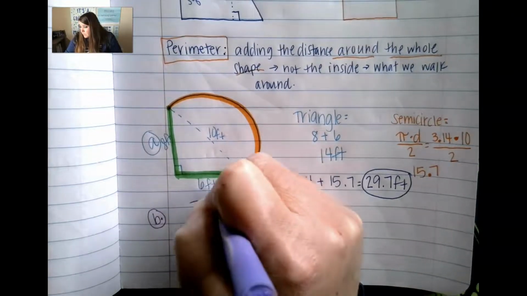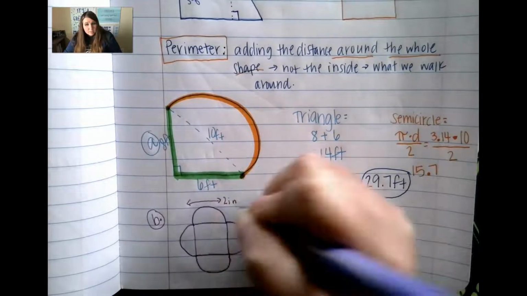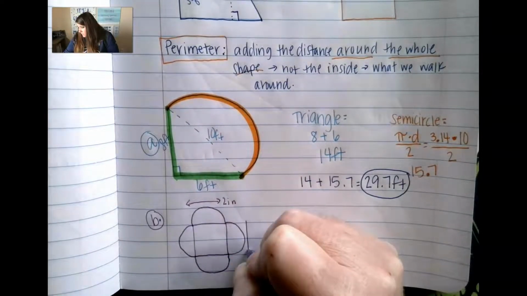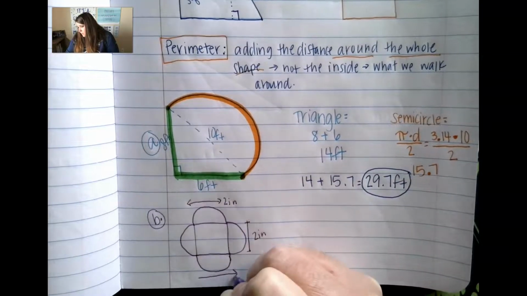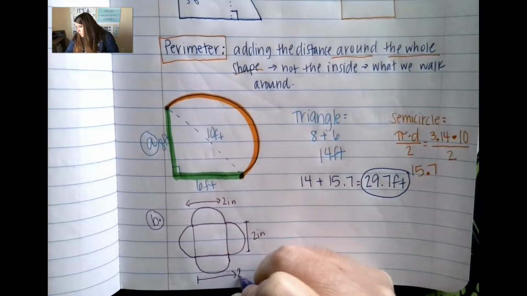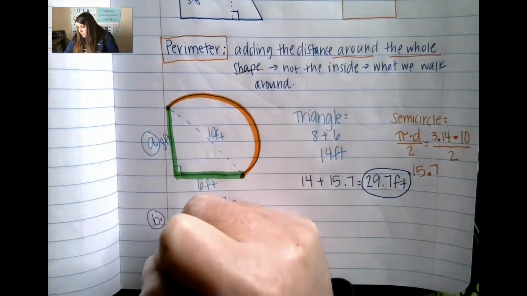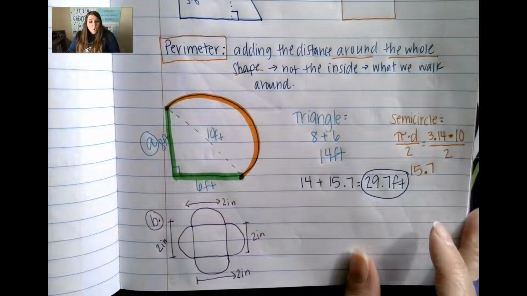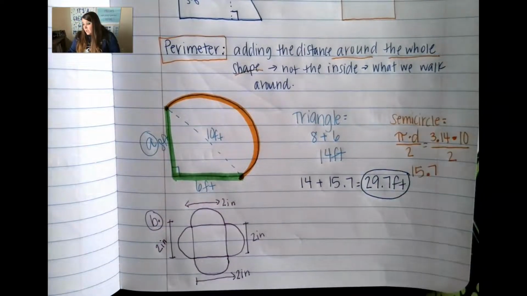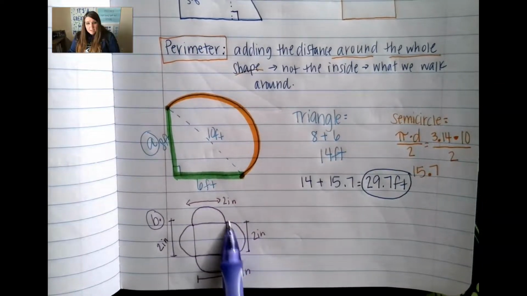So it says from here to here is 2 inches. And from here to here is 2 inches. Here to here is 2 inches. And same thing, 2 inches.